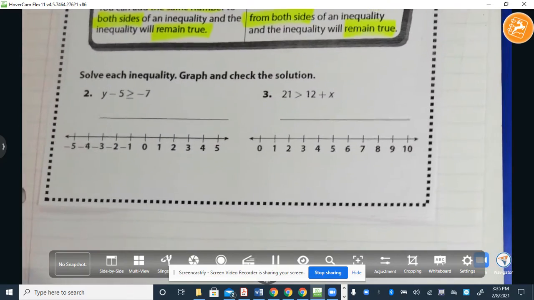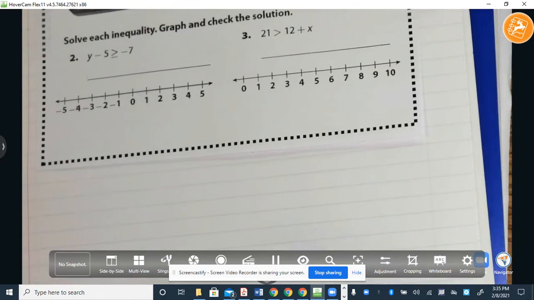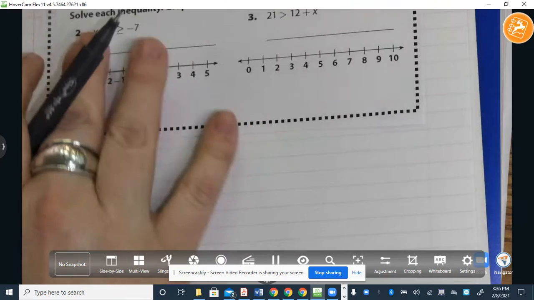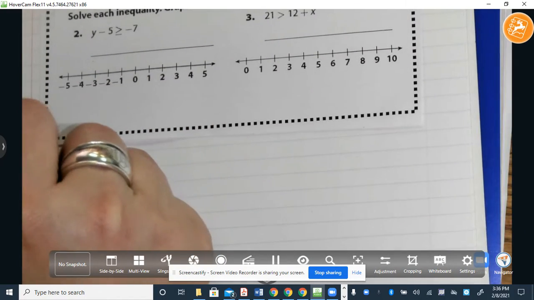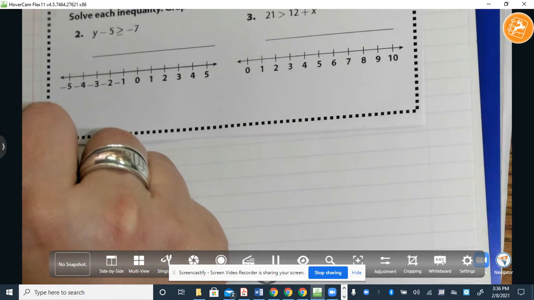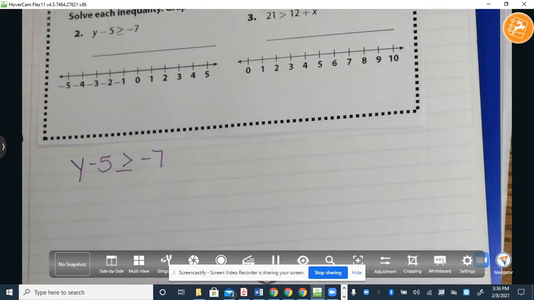All right, so let's look. We have y minus 5 is greater than or equal to negative 7. Okay, same rules apply. I need to get the variable by itself. So I'm just going to come down here and rewrite it: y minus 5 is greater than or equal to negative 7.